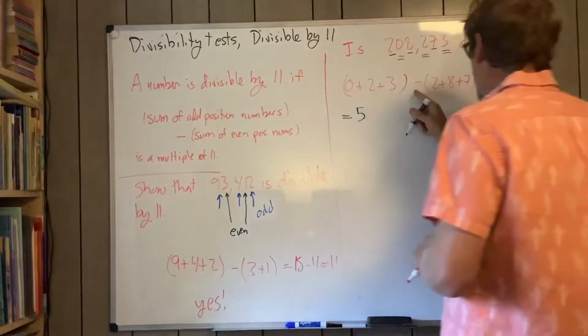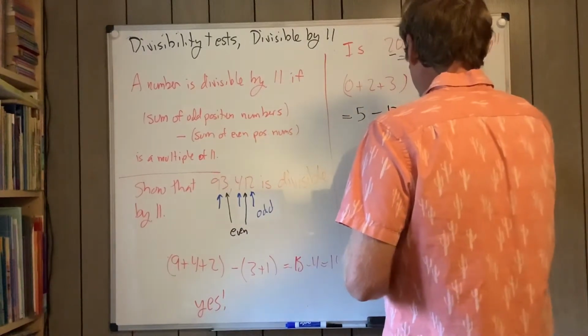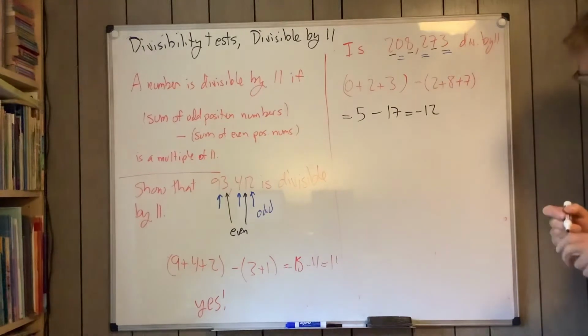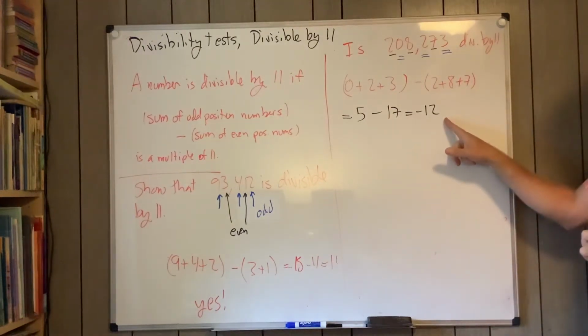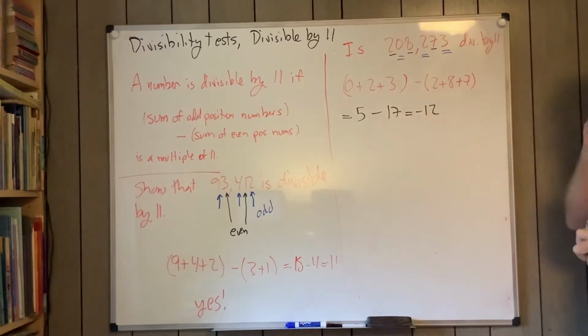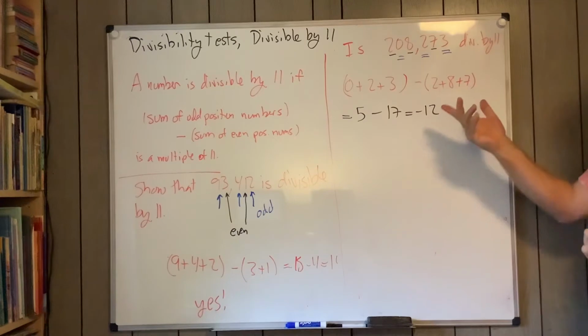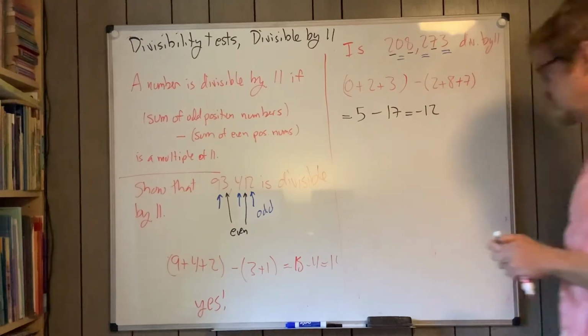So there's 5 minus 17, which is negative 12. And that's not a multiple of 11. Even though we haven't done a lot with negative numbers so far, you can be negative. If this was negative 11, this would have worked fine, but this is negative 12.